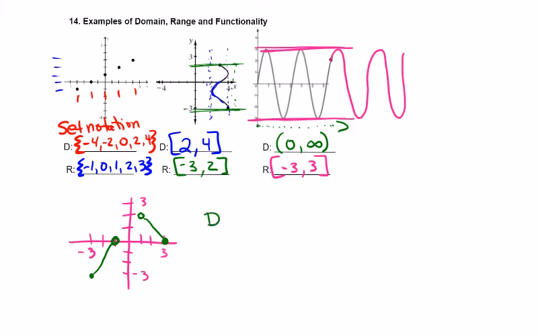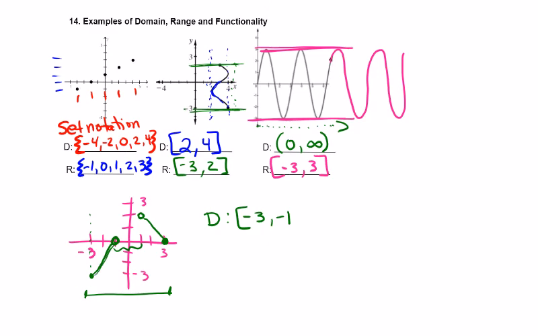So the domain, we always read from left to right. So we know that we are going to be starting at -3 because that's our smallest x value, and there's a closed circle there, so that gets a bracket. But you see how there's a space in the middle of the graph? Because there's a space in the middle of the graph, that means we are going to actually have two different domain sets. So our domain is going to go from -3 to -1 because that's where that first piece ends.